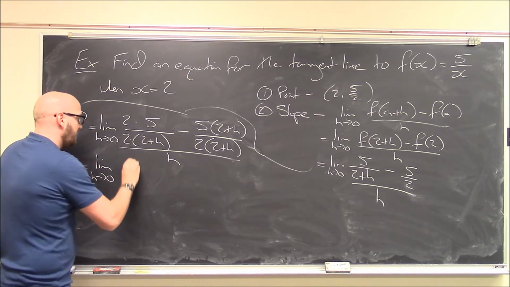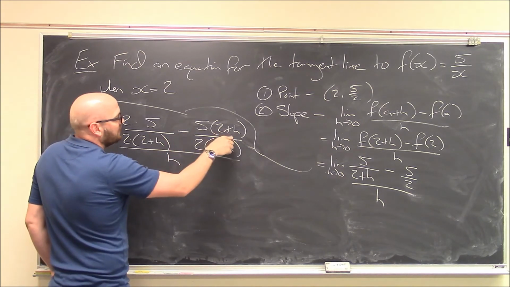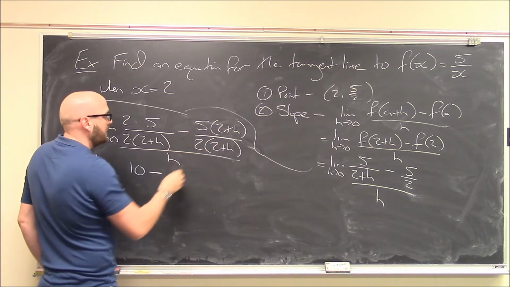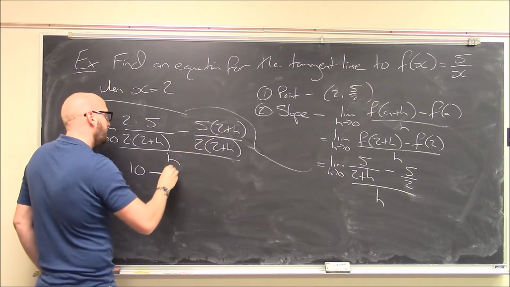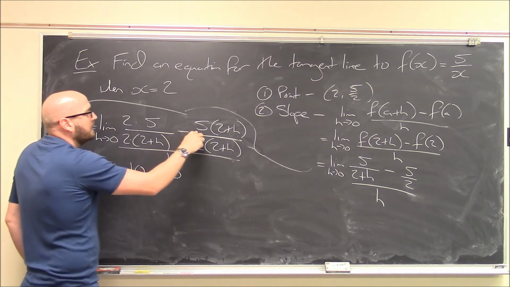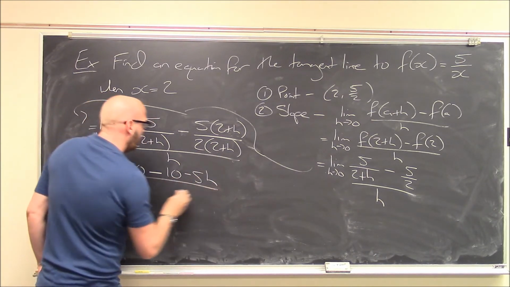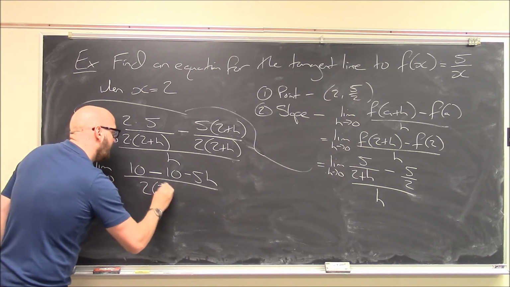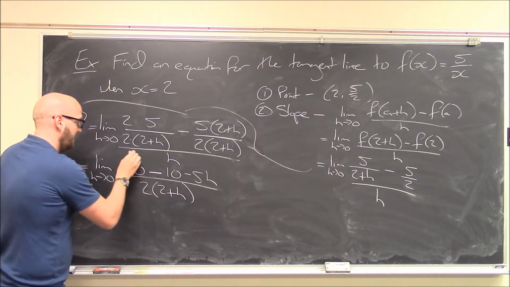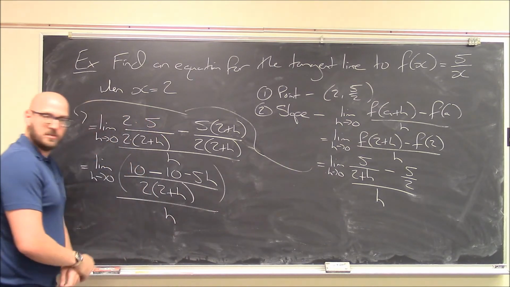What do I have? I've got 10 minus, let's just distribute this as we go, minus 5 times 2 plus h, so that'll be minus 5 times 2 is minus 10, minus, remember to distribute this negative here, minus 5 times h is minus 5h, all over 2 times 2 plus h, and that whole thing is still divided by h.